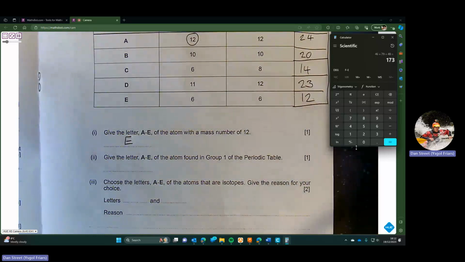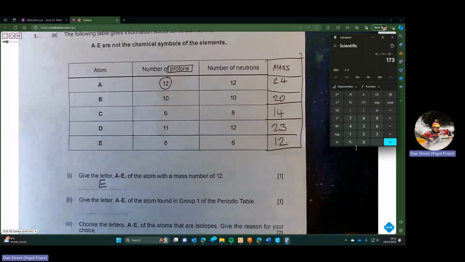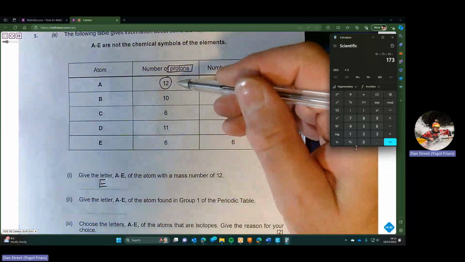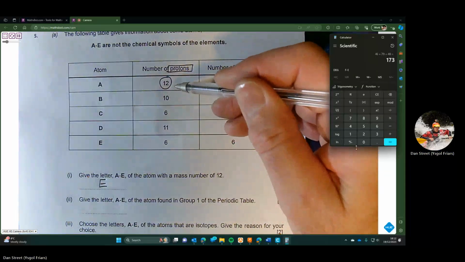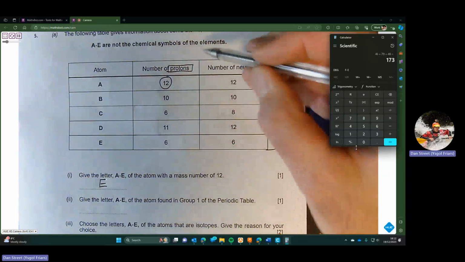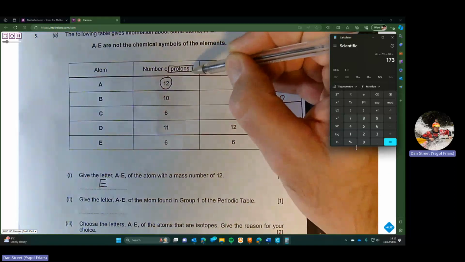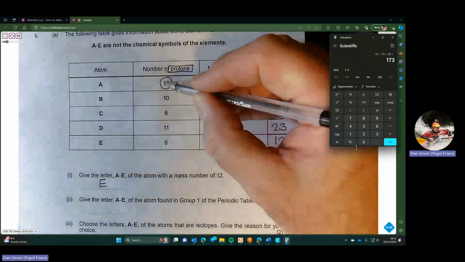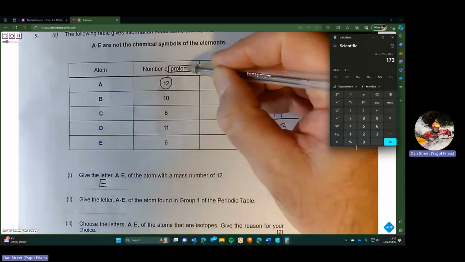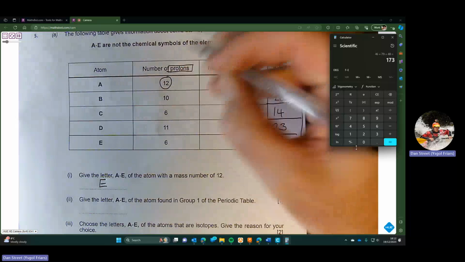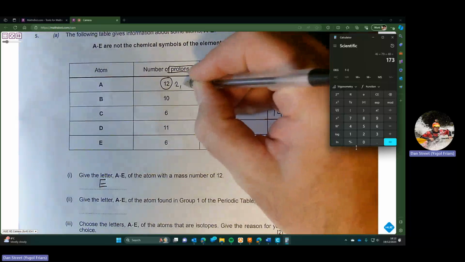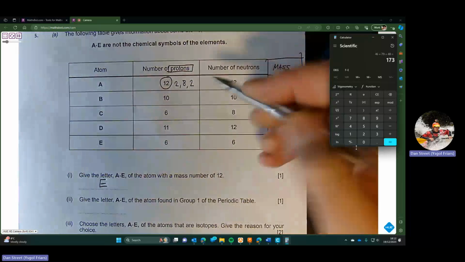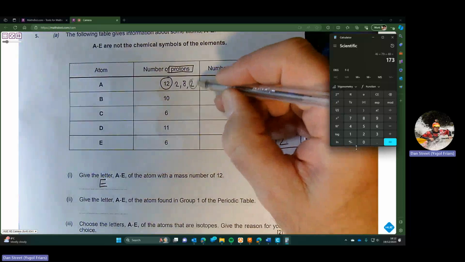So in order to identify that quickly, we could work out the electron configurations of each one, because the number of protons is also the number of electrons. Okay, so if we've got an element with 12 protons, it's also got 12 electrons. So its configuration is going to be 2, 8, 2, and the group number is the last number.